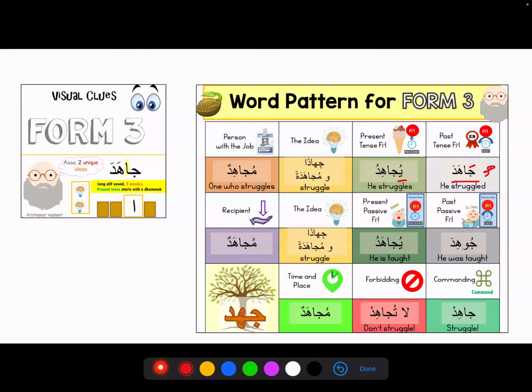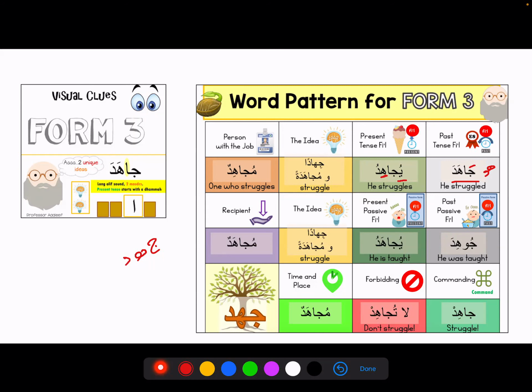So Jahada, Yujahidu. We just need to remember that middle root letter, because what are the 3 root letters in there? We know there is something extra. Jim, Ha, and Dal. Exactly. So Jim, Ha, and Dal are the root letters. And what is extra?